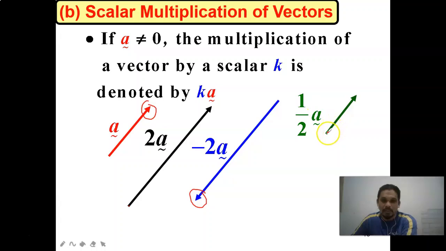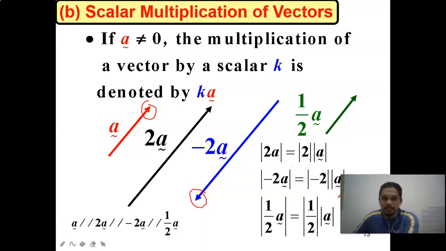And here now, the green line is half of the vector A. If this magnitude is 4, then this is 2, half of the magnitude of A. So the distance of this is half of the distance of this.